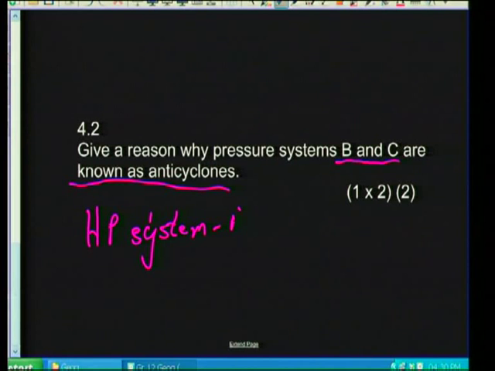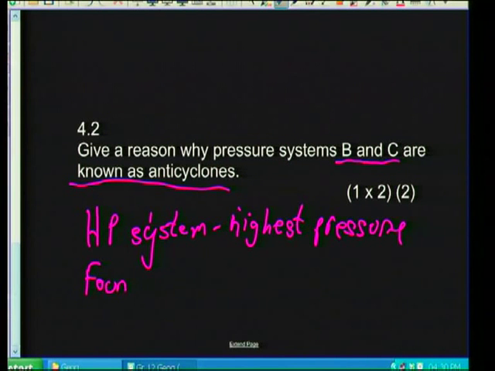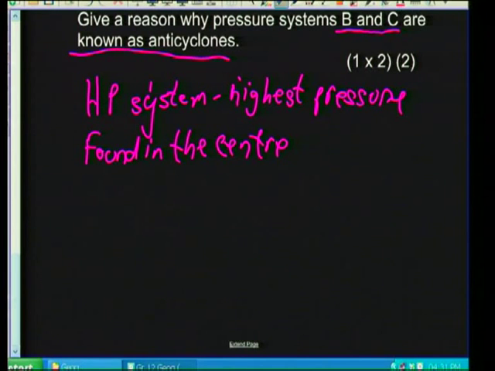Highest pressure found in the center, because as we move away from the high pressure system, it decreases.